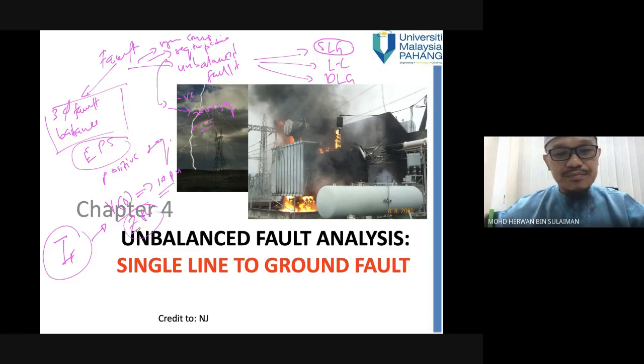Since we have the single line to ground fault, Z Thevenin for this fault must consider all the sequences. Later we show in detail.